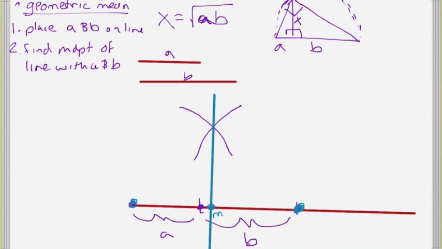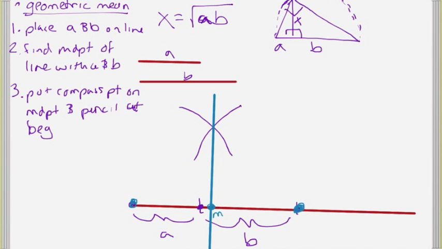And what we want to do now is create that semicircle. We're going to put the compass point on the midpoint and the pencil at the beginning of A, or it could really be the end of B, because they should be the same.